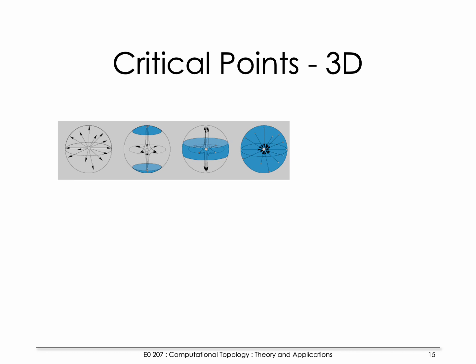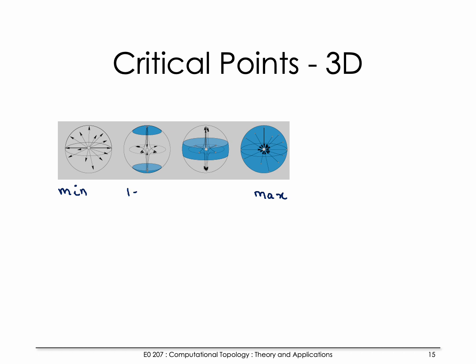So this looks like a source, right? So all the gradient lines go out from the minimum. For a maximum, all the gradient lines flow towards the maximum. And for a saddle, there is one direction in which the gradient lines flow in, and other directions in which the gradient lines flow out, right?